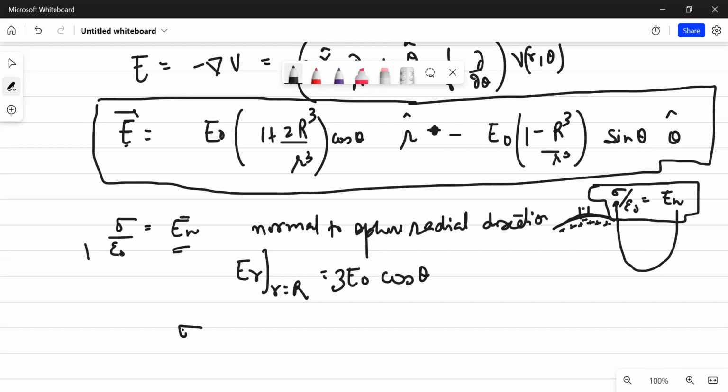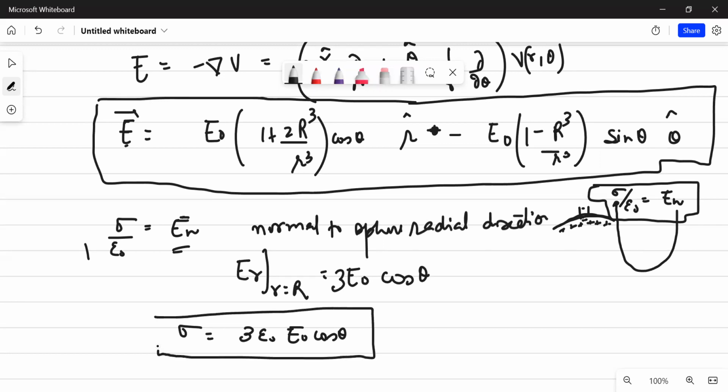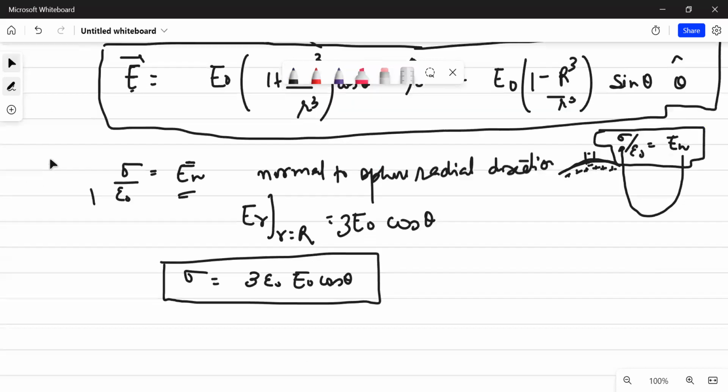So sigma equals 3 epsilon naught E naught cos theta. This is the induced distribution, and from here you can find the charge.